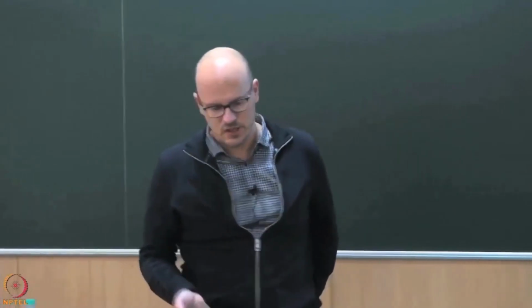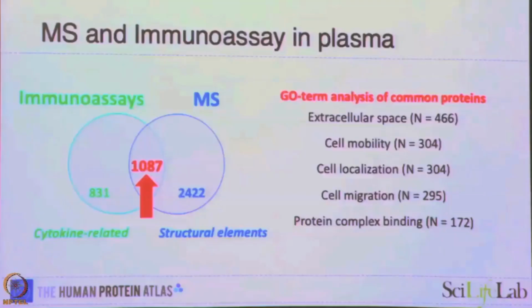But the interesting thing about using affinity reagents in comparison to mass spec, and here's a comparison of the proteins you can identify in mass spec as well as in immunoassays, is that you have a lot of the low abundant or annotated low abundant proteins that are actually measurable in immunoassays, compared to many structural elements which may originate from cells in your plasma, which you can measure in mass spec.